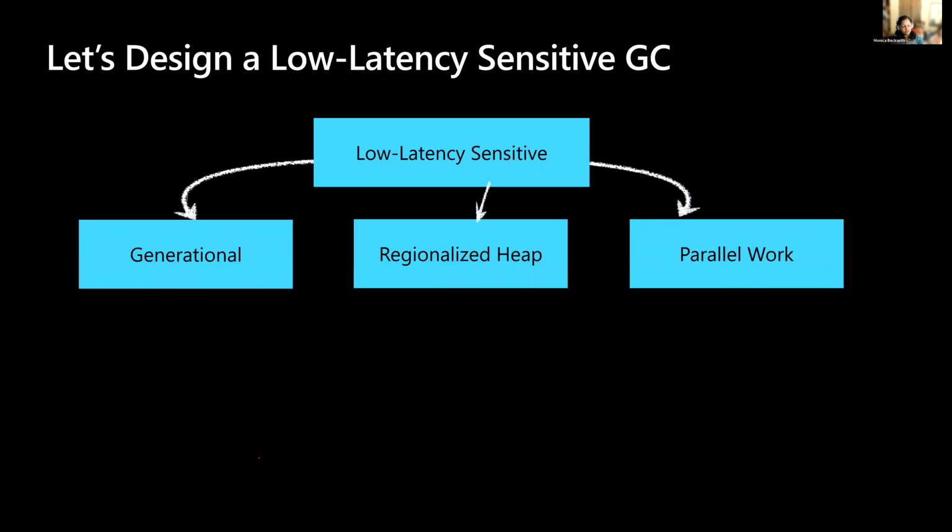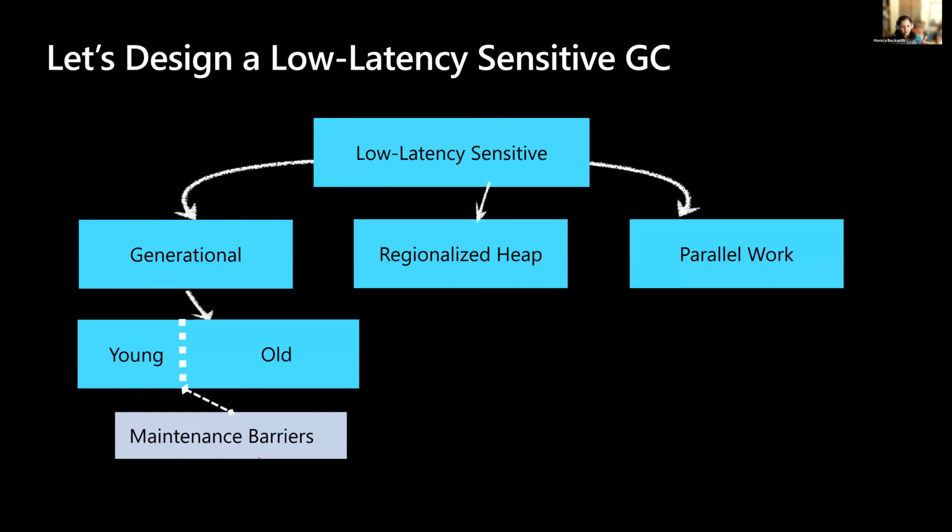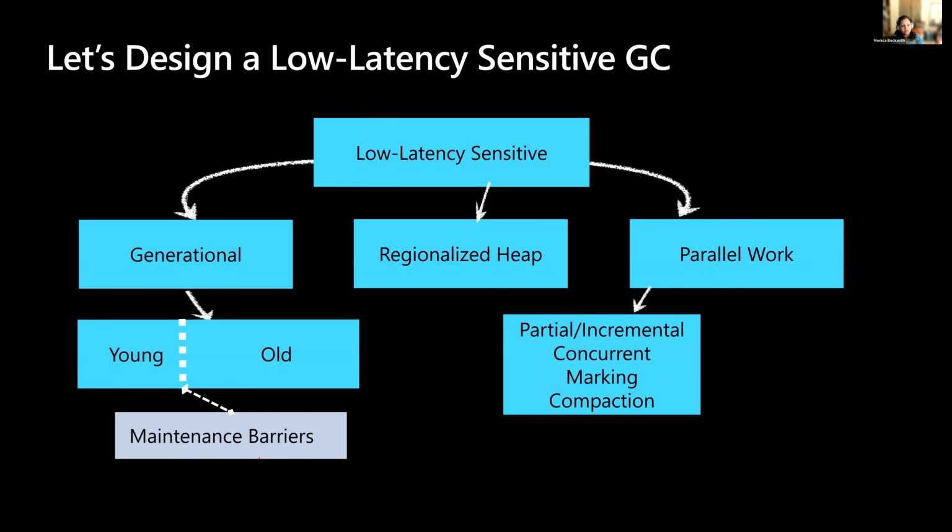So we have the generational, we have the regionalized heap, we have the parallel work, we have the same young and old generations and maintenance barriers. Our parallel work is now going incremental, but with concurrent marking, right? And compaction. So we're not only marking concurrently, which is similar to what G1 and CMS did, but we are also moving the entire stop the world compaction phase into a concurrent phase, okay?